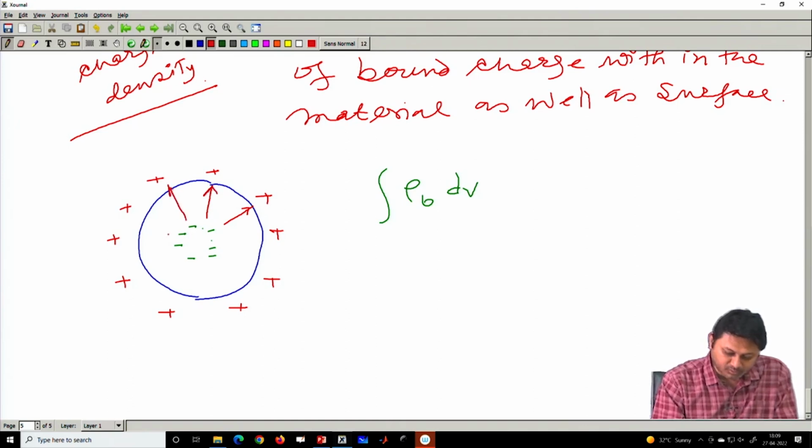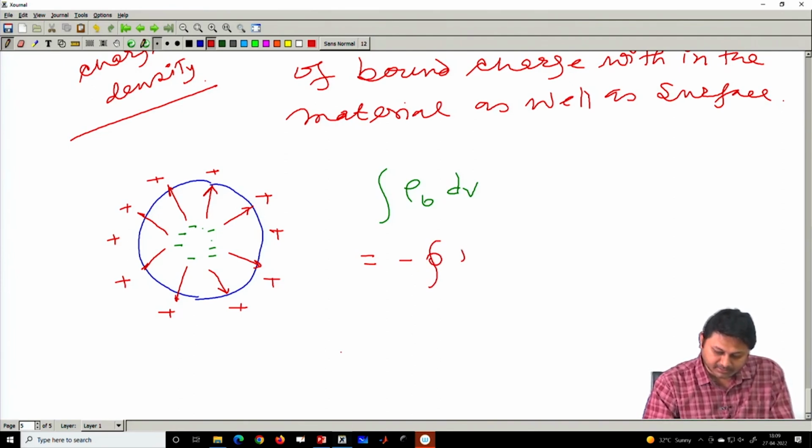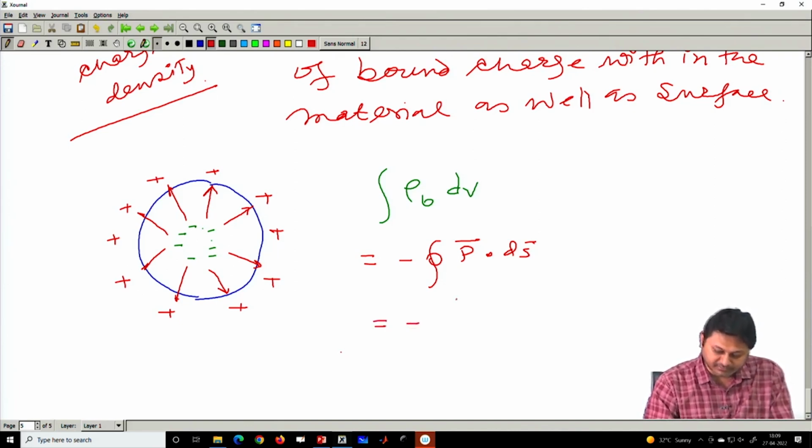So, we have a feeling of divergence here, and I can write this as minus, because it is pushed outward, the integral of P dot dS, because this is over a closed surface.